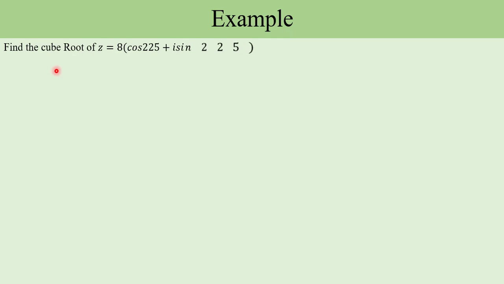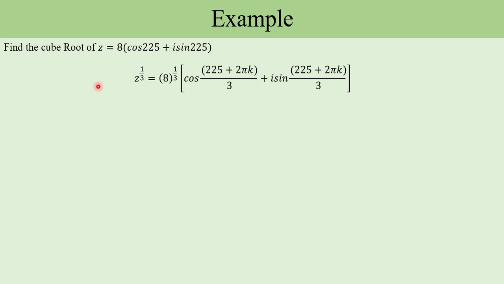Number 1, find the cube root of z is equal to 8 into cos 225 plus i sin 225. So we are going to apply the formula that we have discussed in the previous slide, whereby since we are just finding the cube root, our value of p will be 1 and our value of q will be 3.